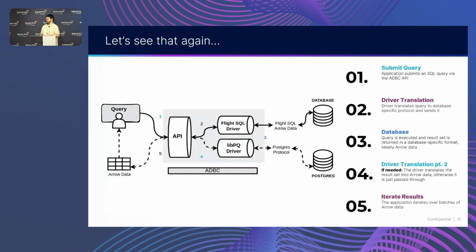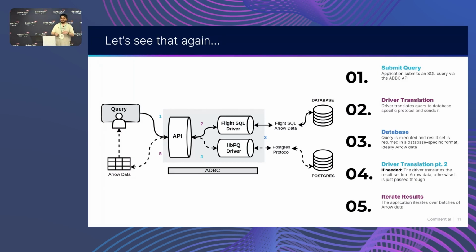So let's take a look at what that workflow looks like if you're using ADBC. Same workflow. We're going to submit a query using the application. The driver is going to translate that to a database-specific thing, send it across. If you're lucky, and that database is using Arrow Flight for its communication, it becomes really, really easy, and the data can just pass right through when it executes and gets you Arrow data the whole way through, no conversion necessary, no serialization, no deserialization, just quick, efficient, fast, column-oriented data.